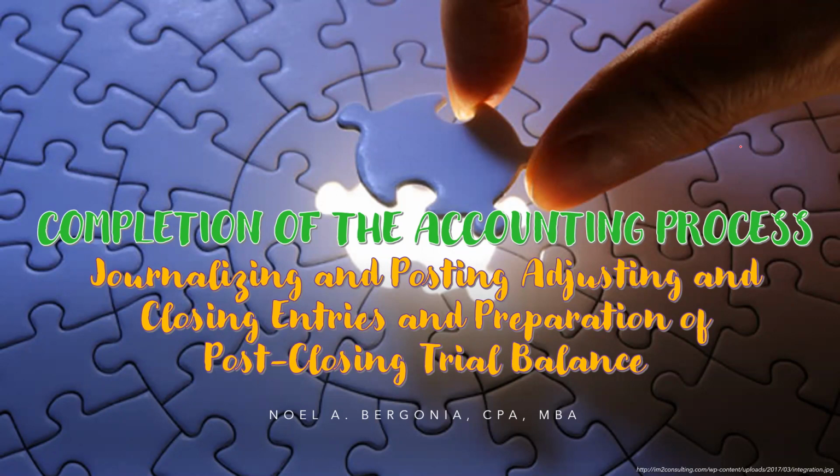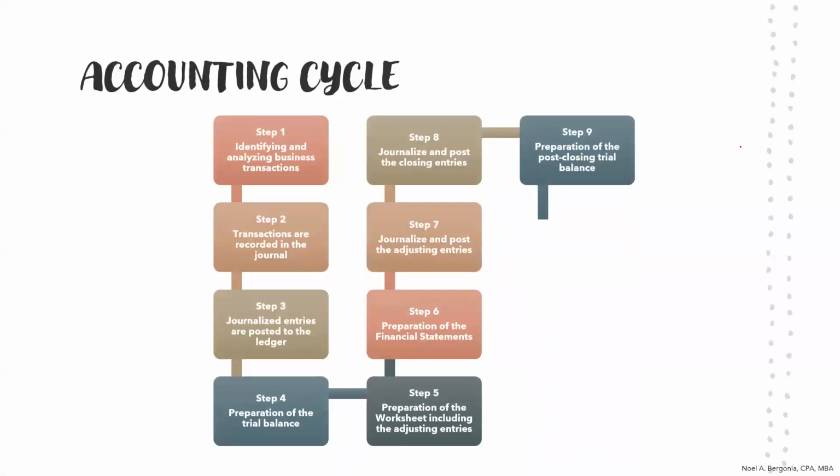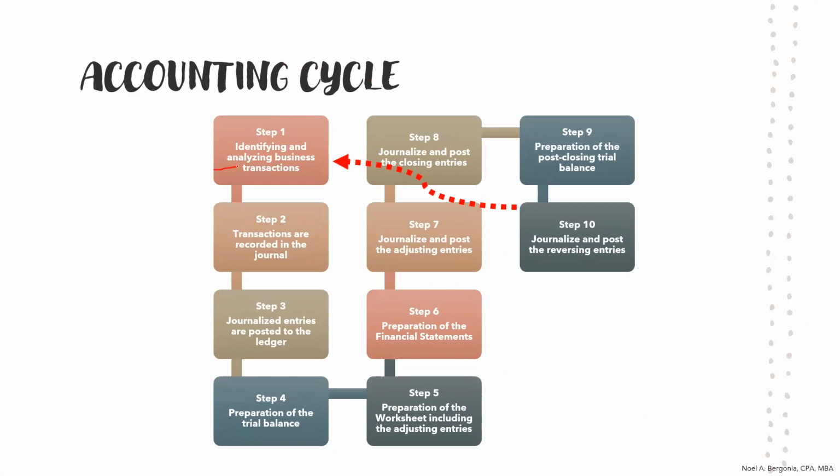Before we proceed to the journalizing and posting of adjusting entries and closing entries, let's have a short recall of our discussion in the previous video lectures. We started with analyzing the business transaction, then journalizing and posting to the ledger, then preparing the trial balance.